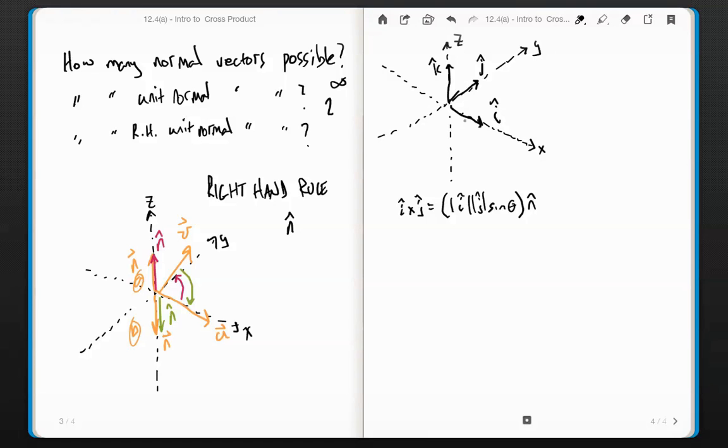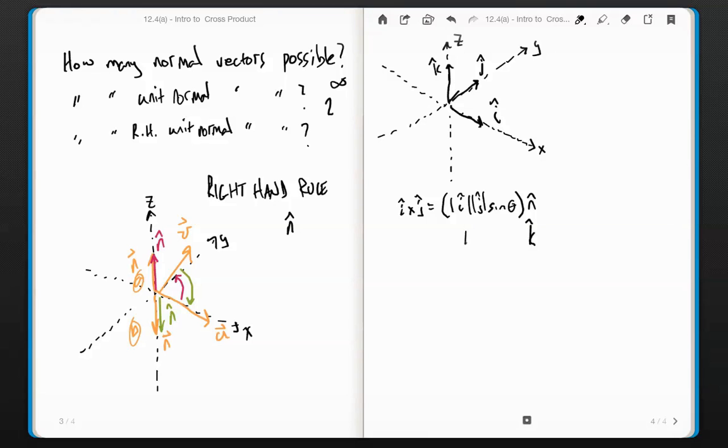So if my right fingers go from i, curling over towards j, then my right thumb would point up along k, so my unit vector really here is k, because that's a unit vector and it's perpendicular to both.